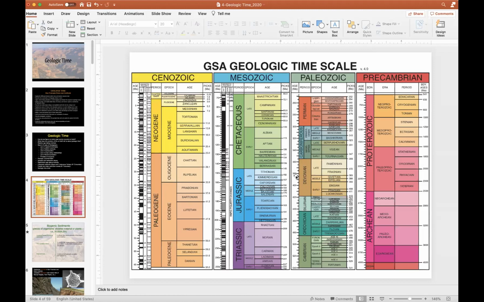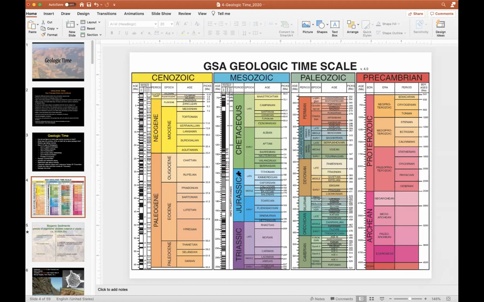I don't have my glasses on. I think it's mid-Devonian, not late Devonian. That's how I talk about it. I talk about early, middle, late Devonian, or early, middle, late Jurassic, or I talk about the actual age. And I think that's probably the level that you should learn a little bit about these.